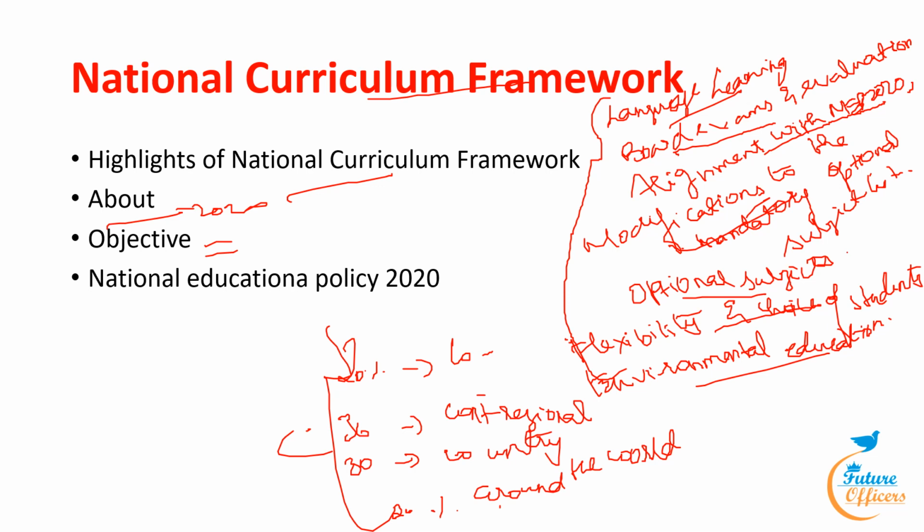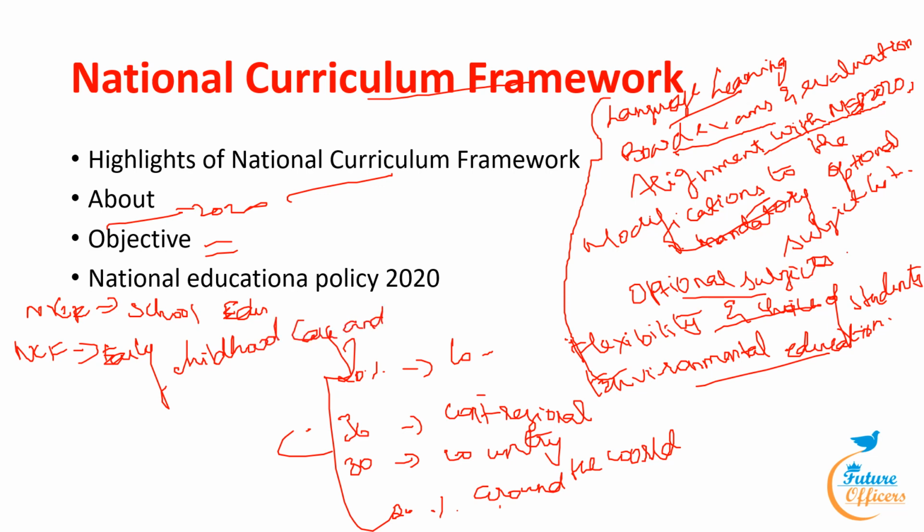There are 4 sections in the National Curriculum Framework. What are those 4 sections? They are National Curriculum Framework for School Education, National Curriculum Framework for Early Childhood Care and Education, which is the foundational stage.